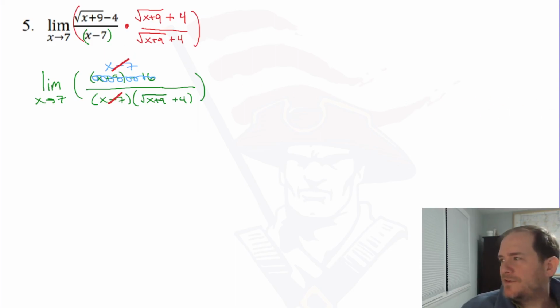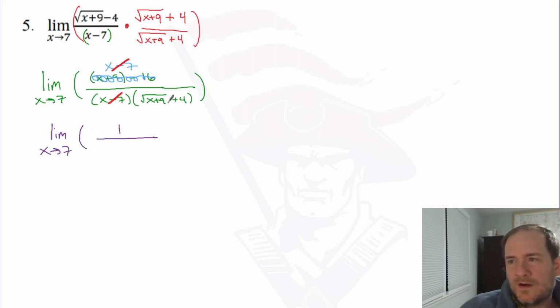And so that brings us down to a new limit expression that is nothing more than the limit as x goes to 7 of 1 over our little conjugate, root x plus 9 plus 4. And that is an expression we can just substitute into, so we will.